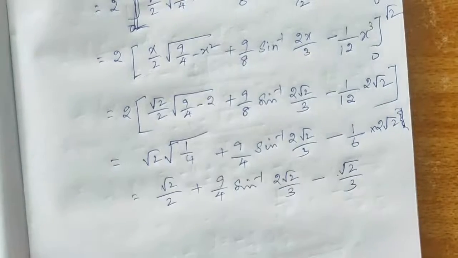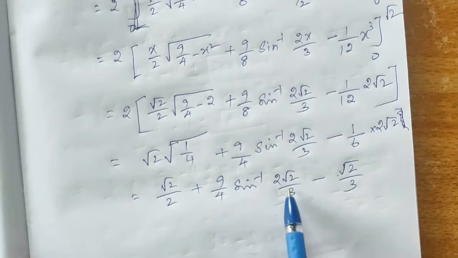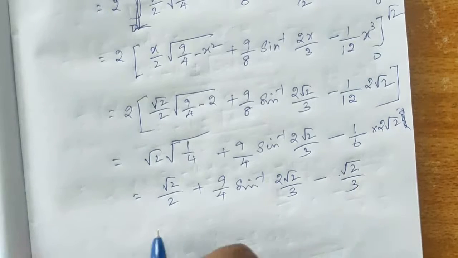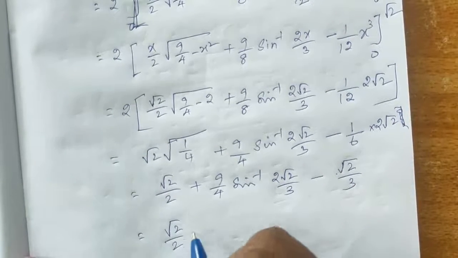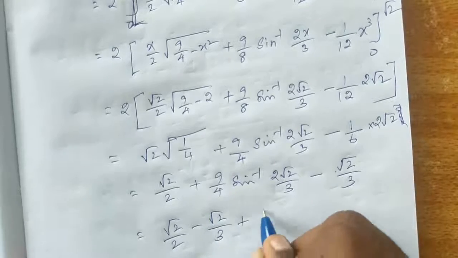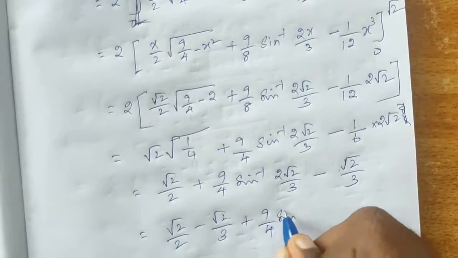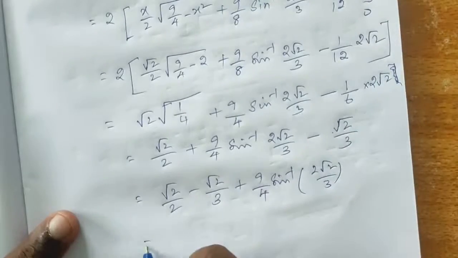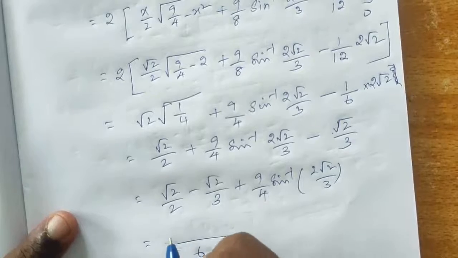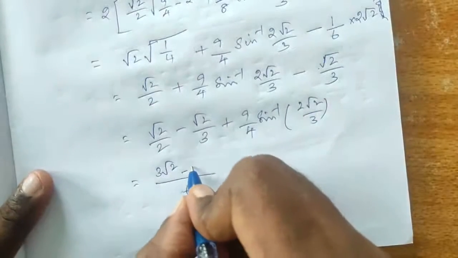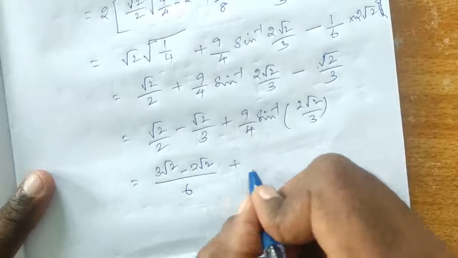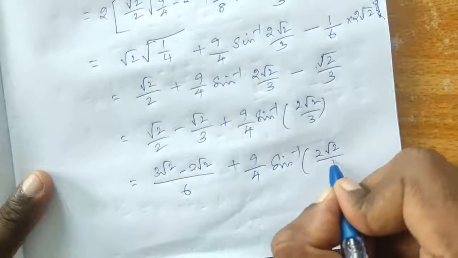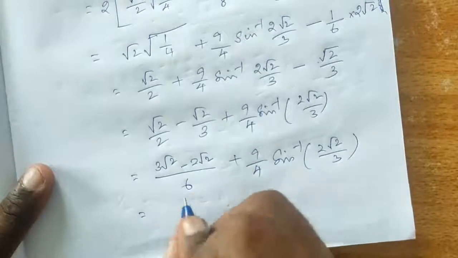So simplify, we get root 2 by 2 plus 9 by 4 sin inverse of 2 root 2 by 3 minus root 2 by 3. Which is equal to root 2 by 2 minus root 2 by 3 plus 9 by 4 sin inverse of 2 root 2 divided by 3, which is equal to, 6 is the LCM here, 3 root 2 minus 2 root 2, that is root 2.